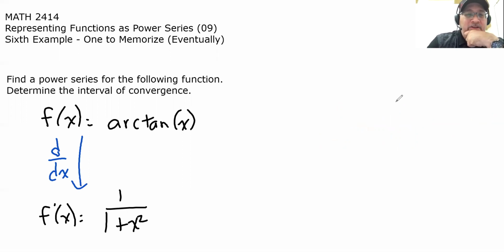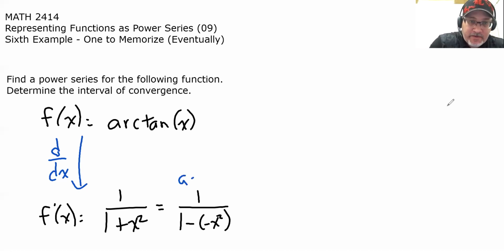And I believe we did this in a previous video, but we're going to redo it because you won't always be able to say, oh, I already did that problem. To get the correct structure, we're going to rewrite the plus as minus and negative on the bottom so that we can identify the first term as 1 and the ratio as negative x squared.